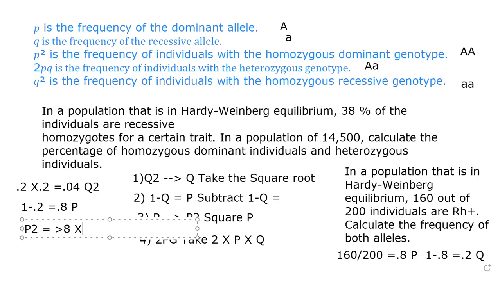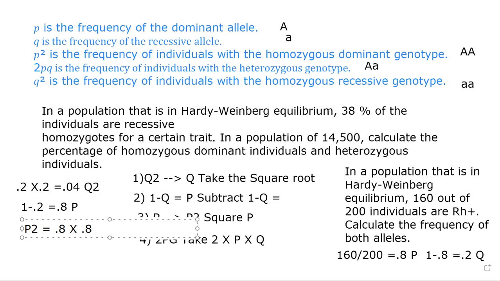0.8 times 0.8. Now I'm going to show you on the calculator, because we always want to check our answers that way. I could go 0.8 and square it, and I get 0.64, just like what I said.